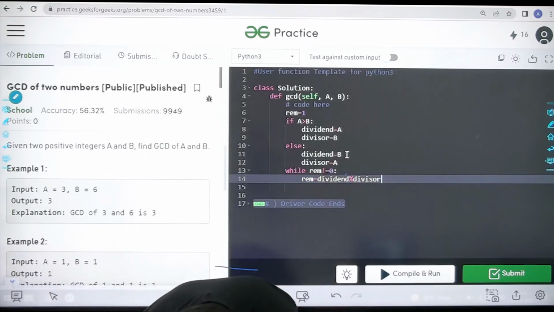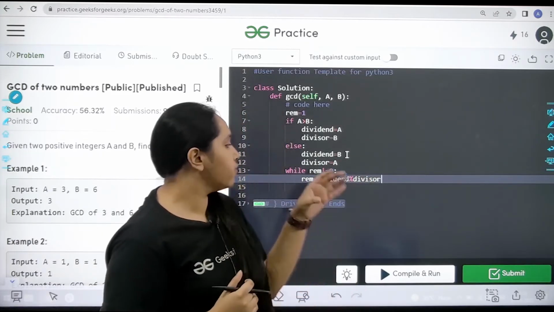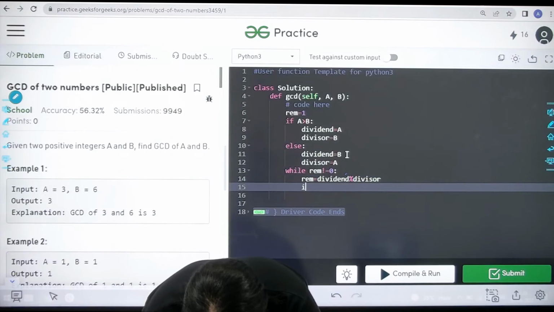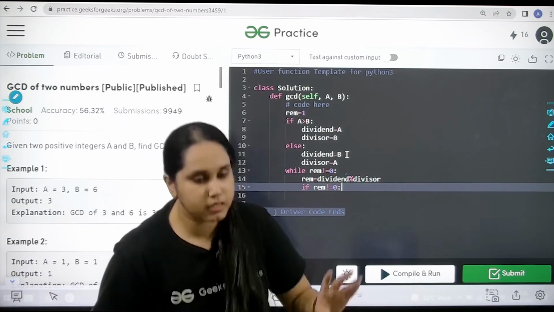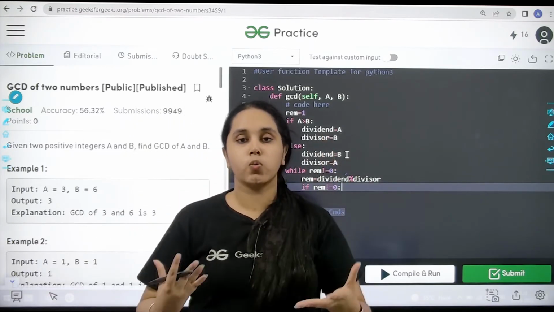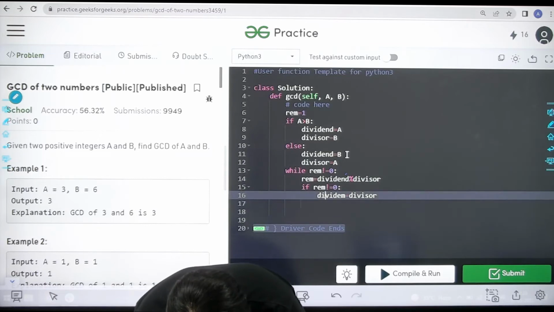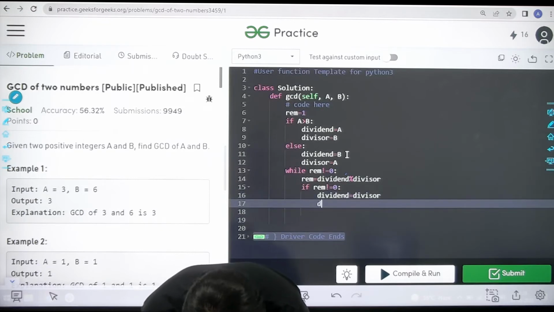Now let's move forward to the next part where we check, after this, is the remainder 0 or not. If the remainder is not equal to 0, then my dividend is equal to divisor, and the next thing is divisor is equal to my remainder.